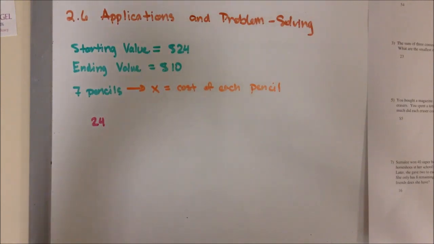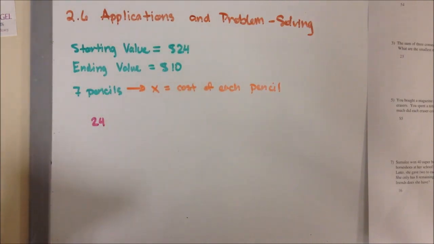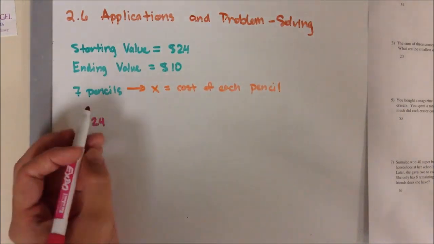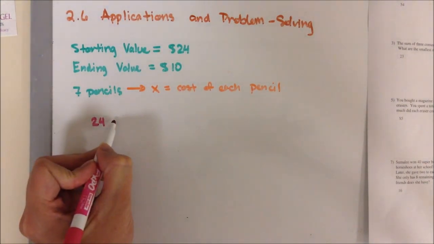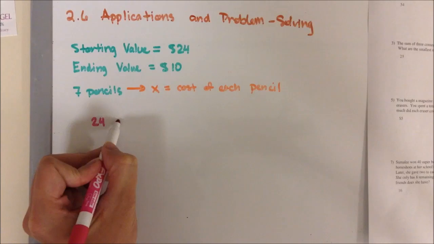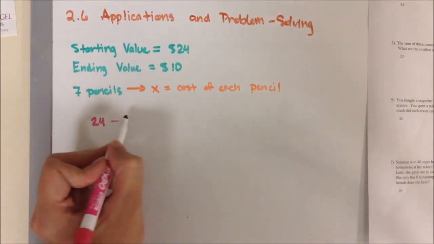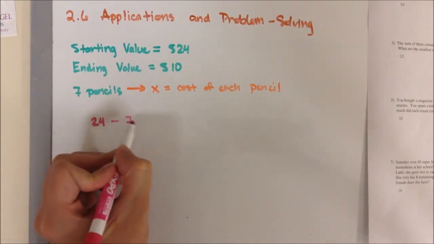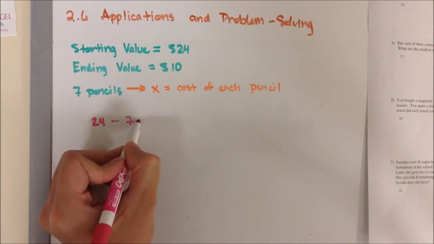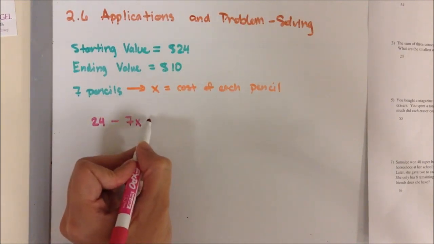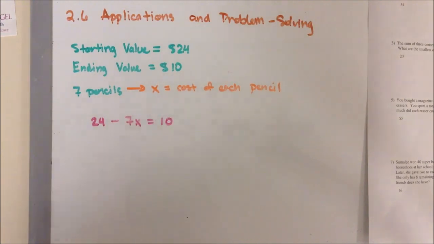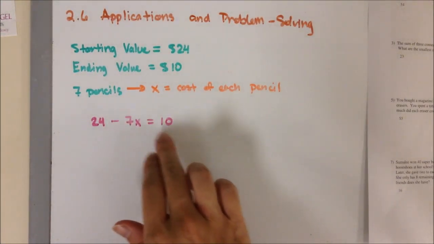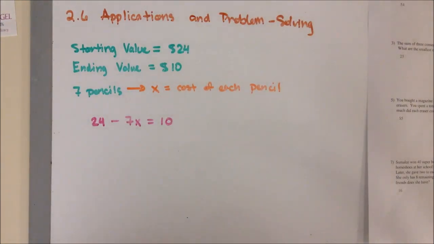In that process, she was taken away from her $24, so that's going to be minus. There were 7 pencils, so I'm going to write 7. We don't know the cost of each pencil, so we're going to write 7x. At the end, she had $10. So our equation is 24 minus 7x equals 10.